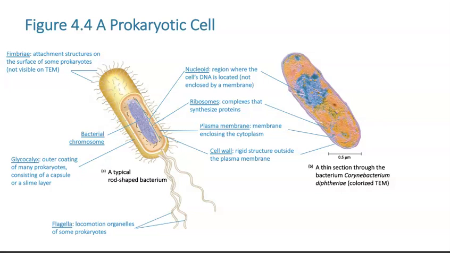And you cannot see them on a transmission electron microscope. So they're pretty small and delicate structures. The last one that we're going to look at is the flagella. And flagella do what flagella do, and that is that they provide locomotion for our cells. So this cell can literally swim around in place.